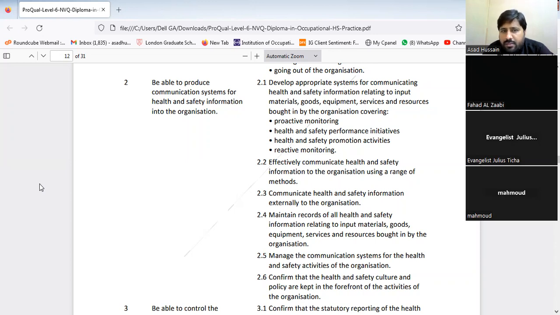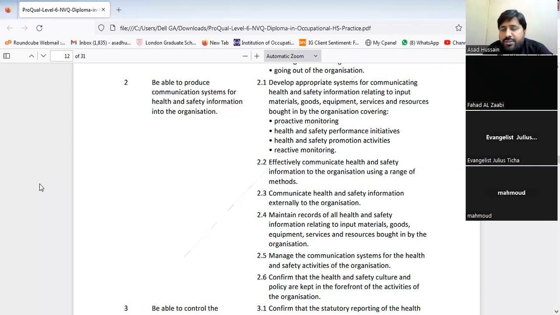In this assessment criteria, you have to explain first how in your organization you are keeping the records of health and safety equipment, goods, materials coming in your organization.